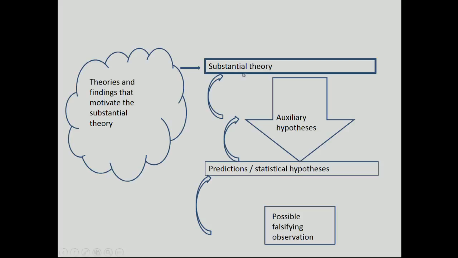But you see, if one of the auxiliaries was a bit dubious, this falsification of the prediction could be used to challenge the auxiliary, and the substantial theory is thereby protected from being falsified, refuted. So that's why you want your auxiliaries to be safe, so the falsification is transmitted back to the substantial theory. That's the function of safe auxiliaries.